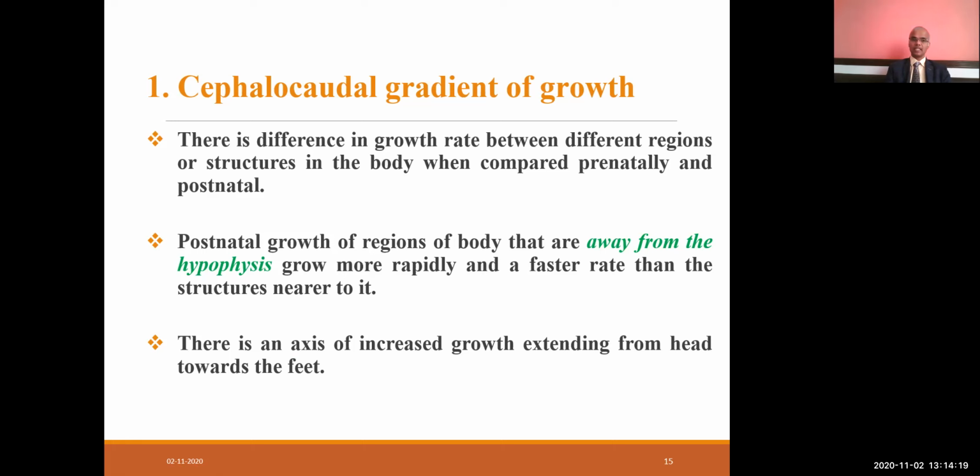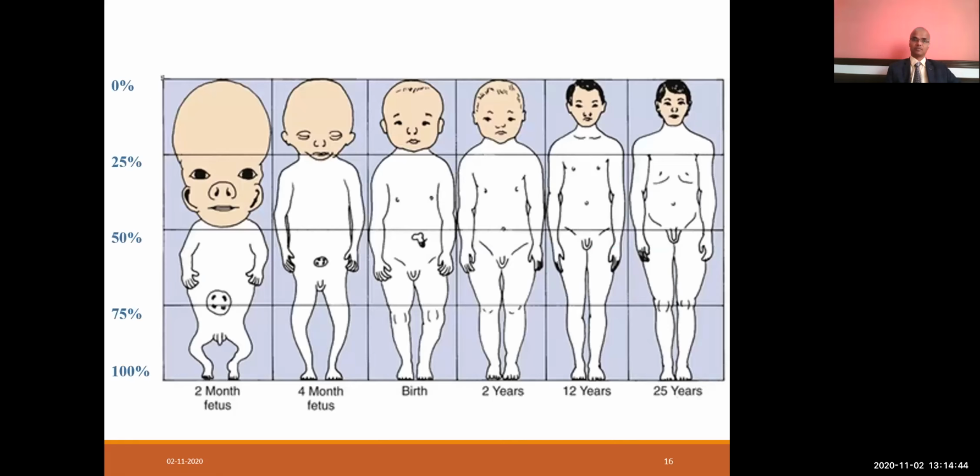So there is an axis of increased growth extending from head towards the feet. In the structures which are closer to feet, which are away from the head, there is an increased growth from head to feet.